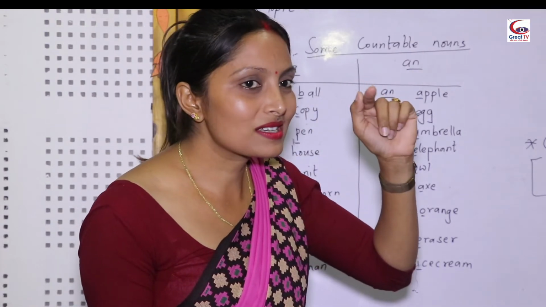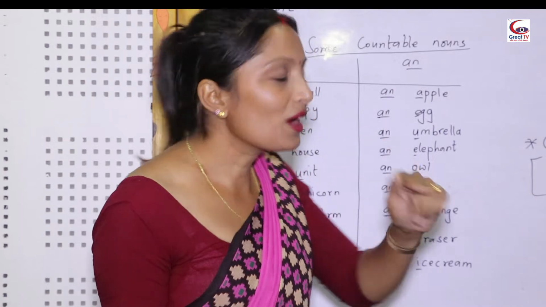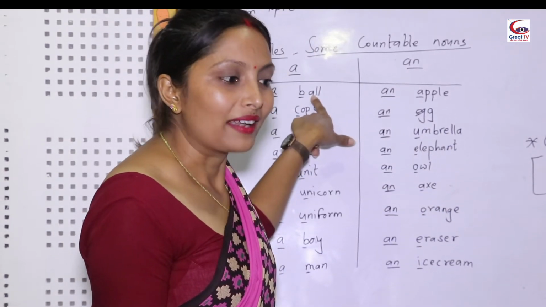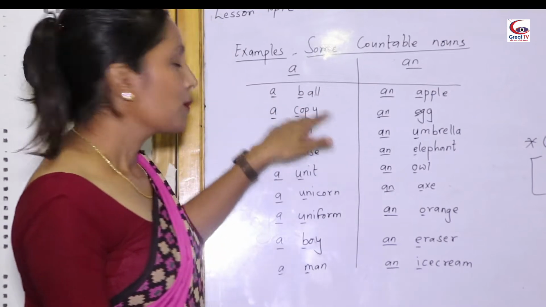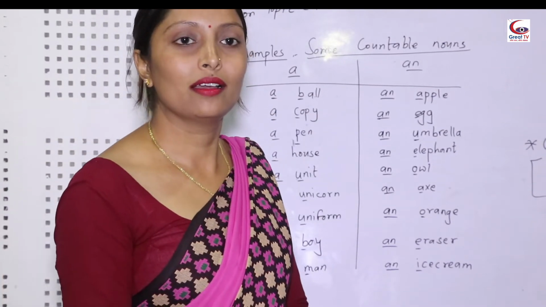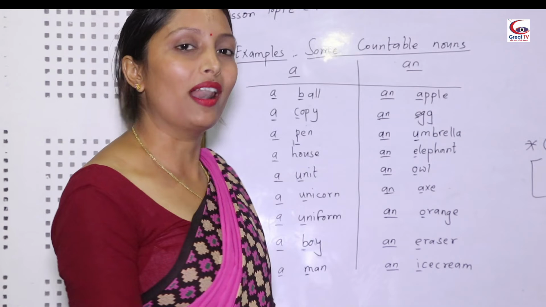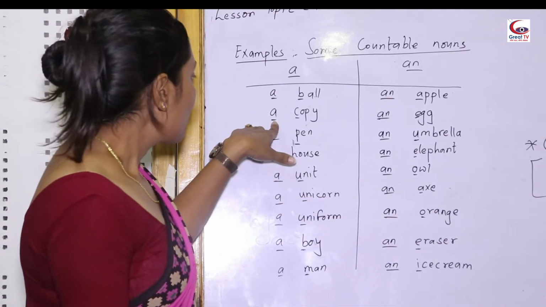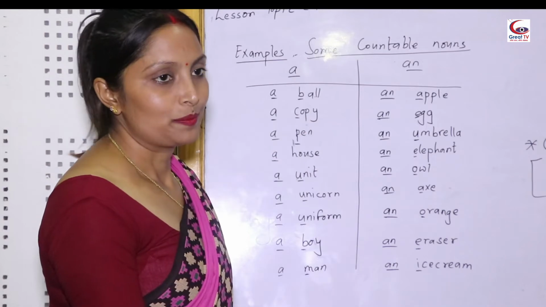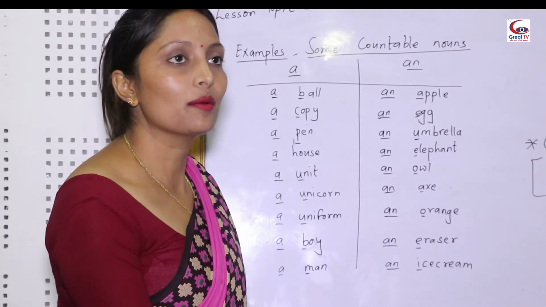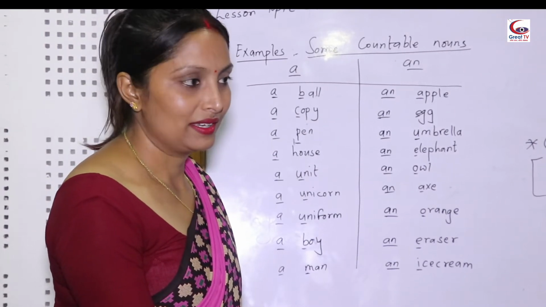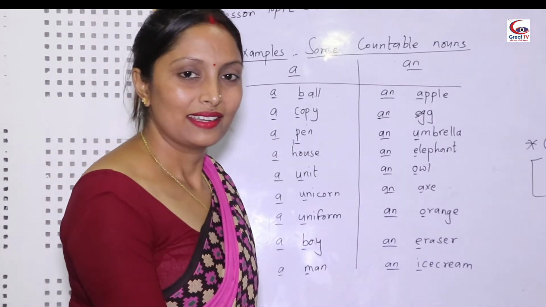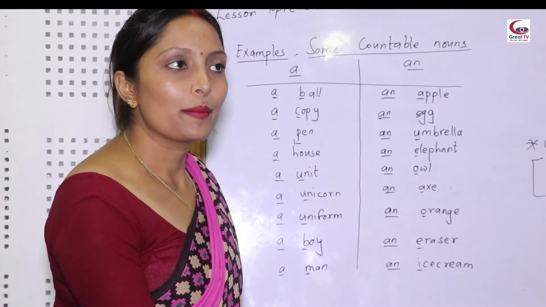Please notice the first letter, the first sound of the next word. A ball, B. A copy, K. A pen, P.